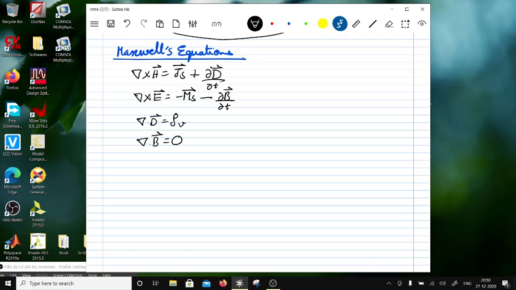Now, in the integral form it can be written as the loop integral of H dot dl is equal to the surface integral of Js dot ds, plus the surface integral of ∂D/∂t dot ds. In this case the equivalent would be loop of E dot dl, which is going to be the voltage.